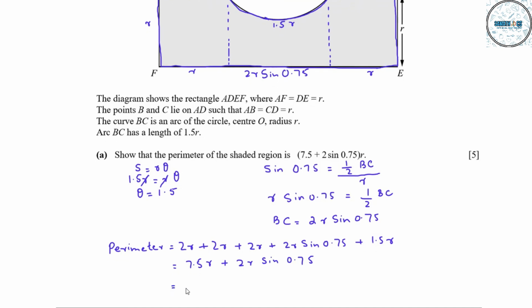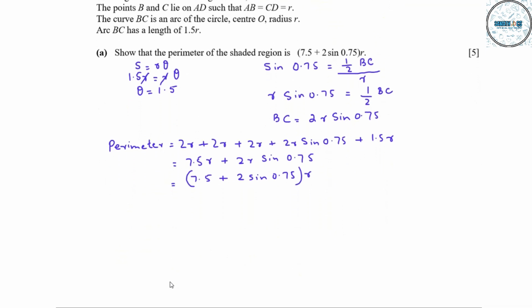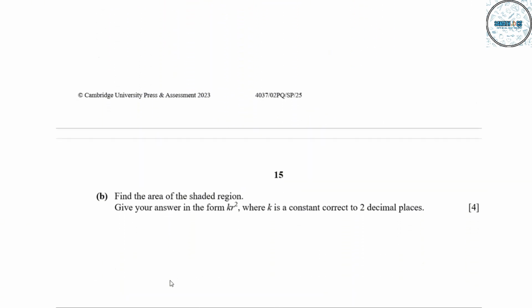We can take R as common. So we will be left with 7.5 plus 2 sine 0.75, and R can be written outside over here. So we have got the perimeter.